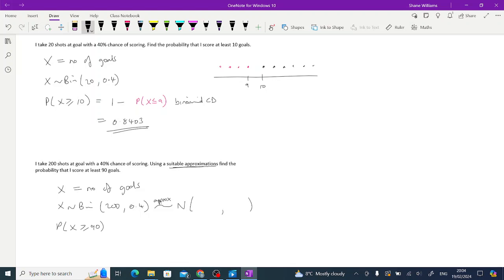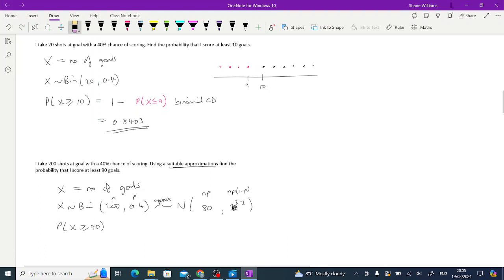and you need to know that the mean of a binomial, the expected value, is np. Here's n, here's p. So 200 times 0.4, that's 80. And the variance is np(1 minus p). So that's 80 times 0.4, which is 32.